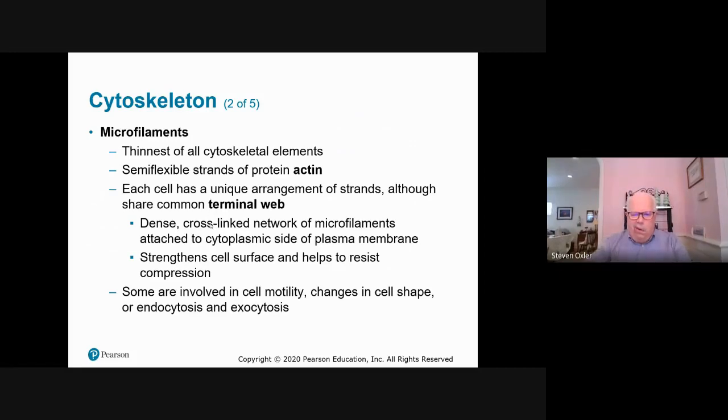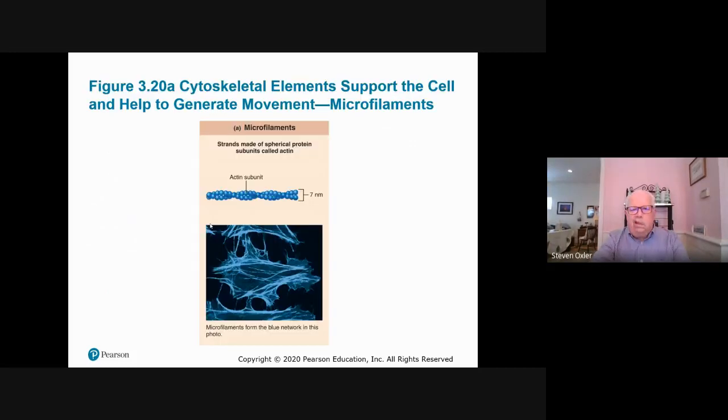So I want you to know that microfilaments are the thinnest of all cytoskeletal elements, and an example would be actin, and actin is in skeletal muscle. And this is what it looks like. The actin looks like little beads. The smallest of all are microfilaments.